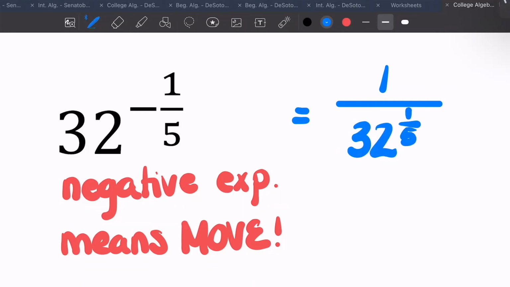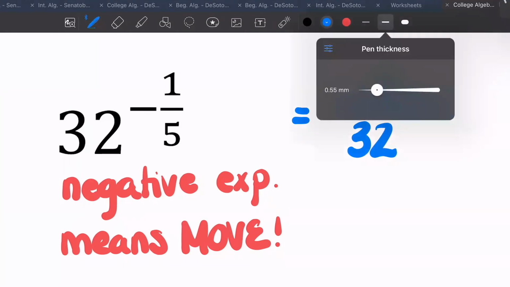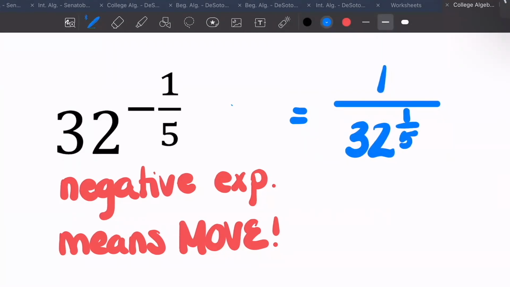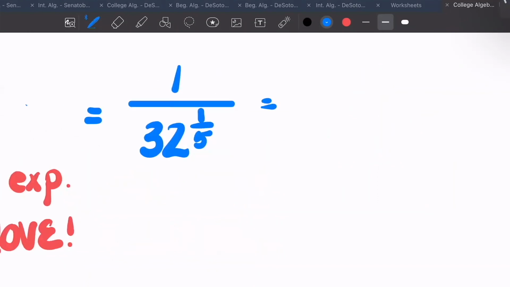When I moved it to the bottom, my 1/5 became positive. Now I'm going to apply my rule. I can write this as the 5th root of 32.